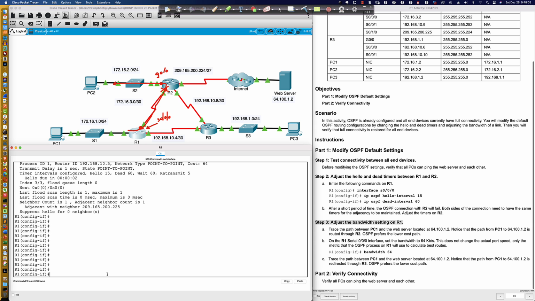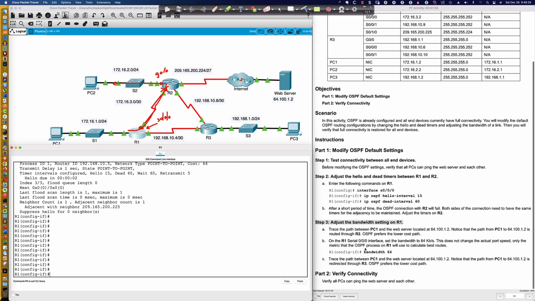So now your question should be, okay, that's great, so are all serial links going to have a cost of 64? And the answer to that is maybe. It depends on the bandwidth of that interface. And so now you're probably asking yourself, wait a second, you just said that the bandwidth is all the same.